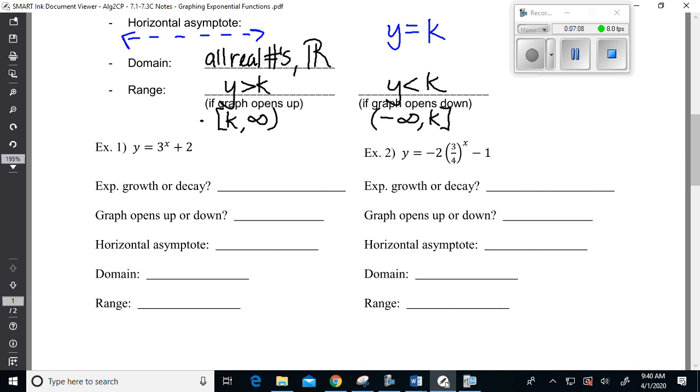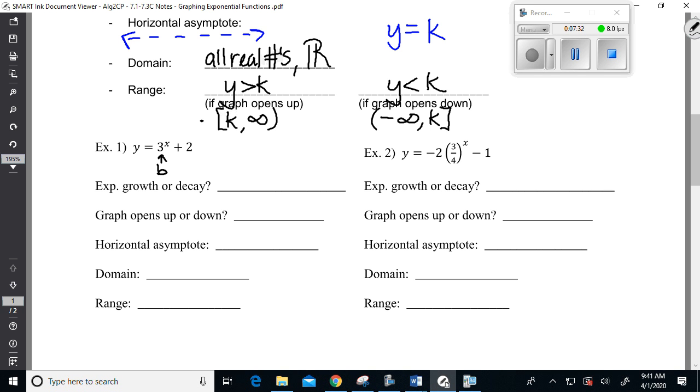So let's look at examples 1 and 2 for literally identifying the parts. Example 1, you have y equals 3 to the x power plus 2. Just so you know, 3 is your b value because it is attached to the variable.